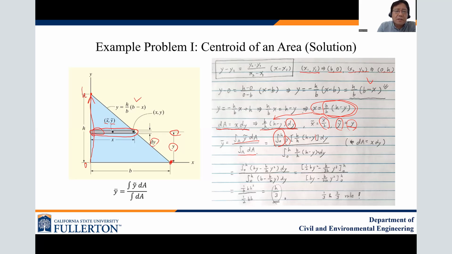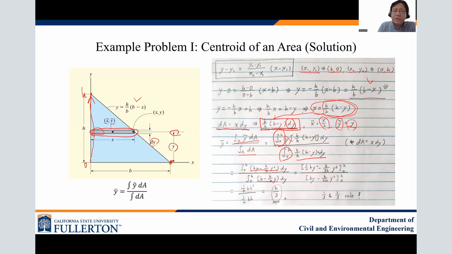And then for this integration of dA, from 0 to h, you just put this one in. And this is just a polynomial integration, so that is not the difficult one. So you can get this one and this one.